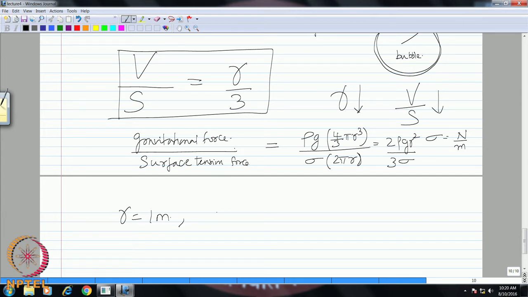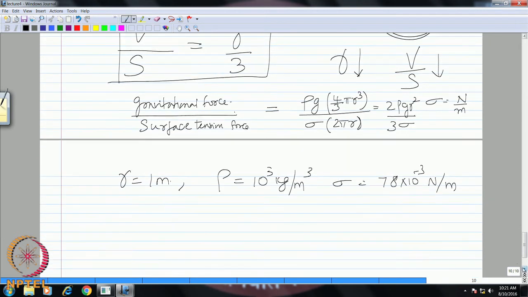I will give you the properties, let us say rho is 10 power 3 kg per meter cube and sigma is 78 into 10 power minus 3 Newton per meter. So, you do this for two values of radii. One is r equal to 1 meter, calculate this ratio.